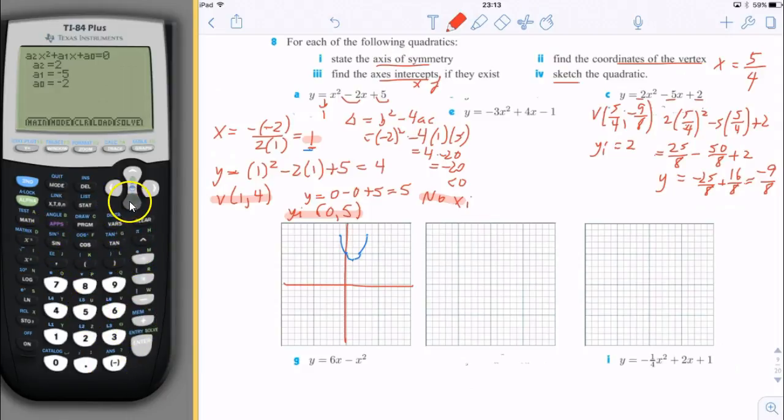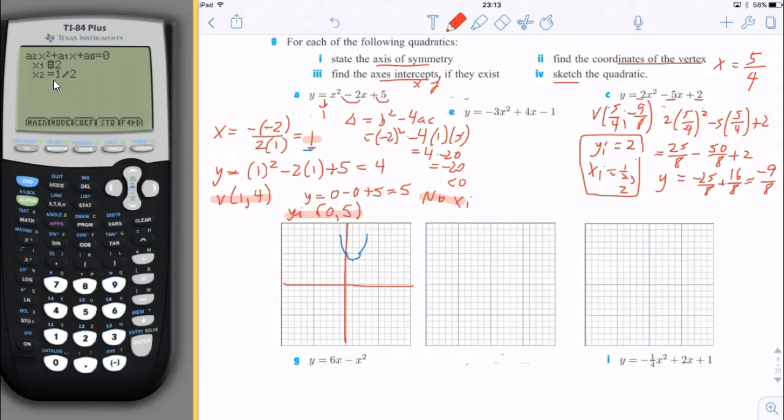And then we solve. Oh, okay, it didn't look too bad, does it? So the x-intercepts are 1/2 and 2. Okay, and the y-intercept is 2.